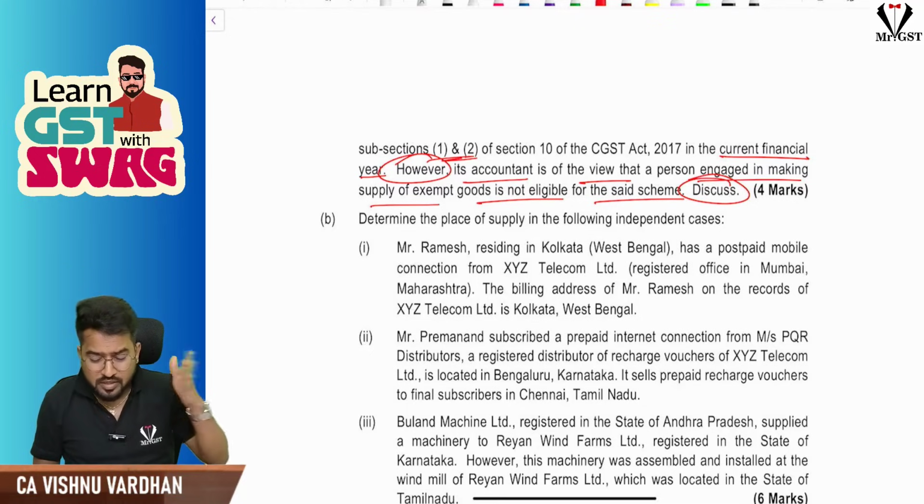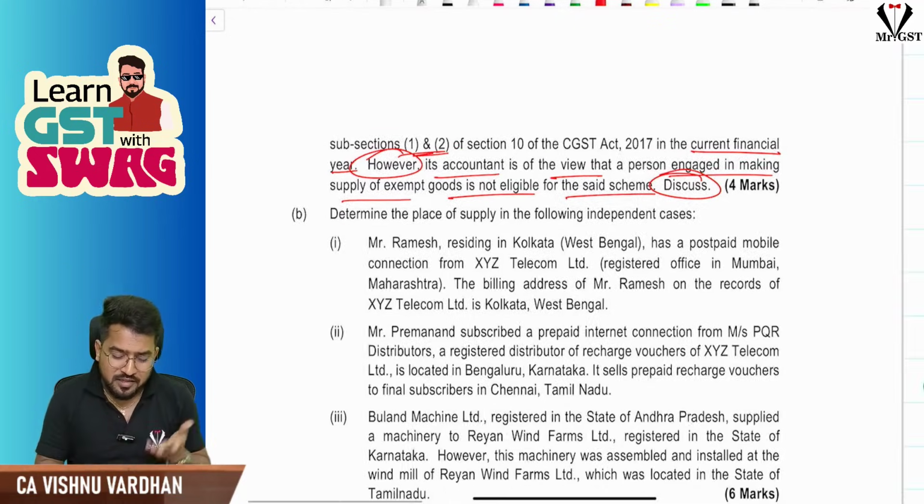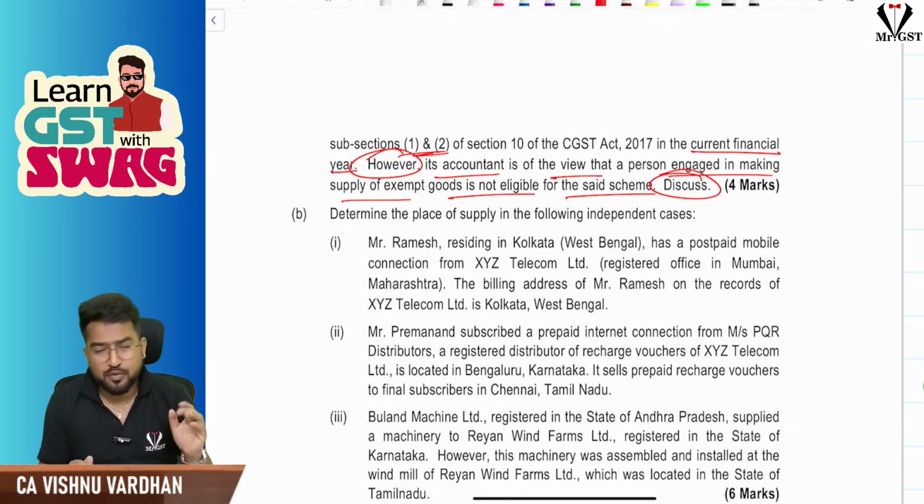You tell the accountant he is wrong, because why are these people not eligible? Understand, when you want to go for the composition scheme, the condition is aggregate turnover in the preceding financial year should not exceed 150 lakhs, you should not be making interstate supplies, and you should not be selling non-taxable goods.